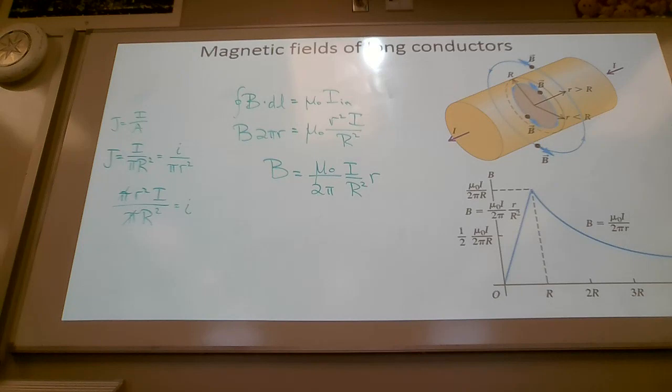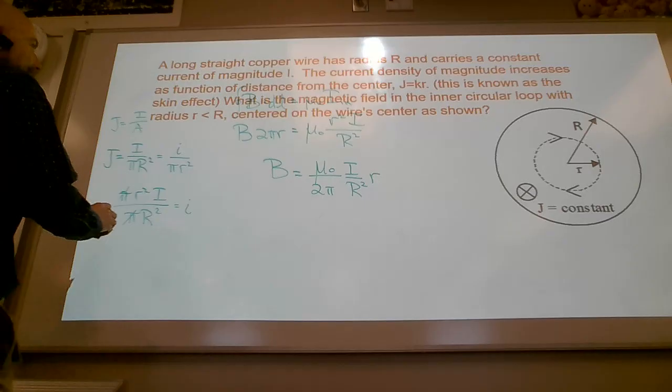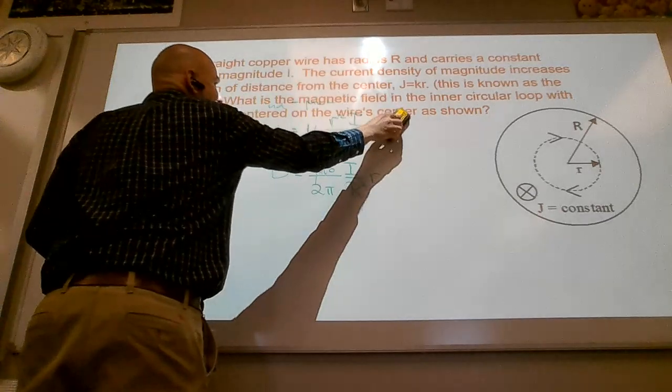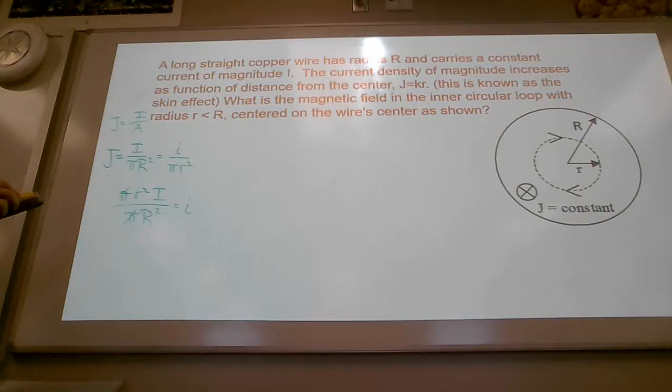Okay, so what happens if the current density is not constant? We knew that was coming, right?